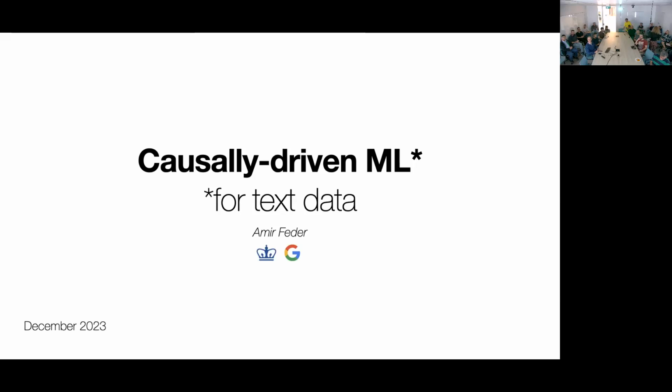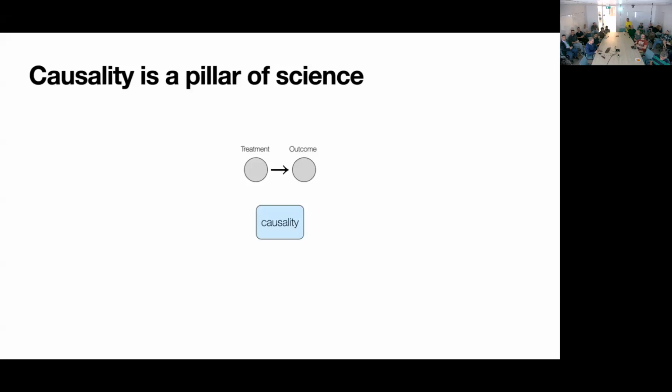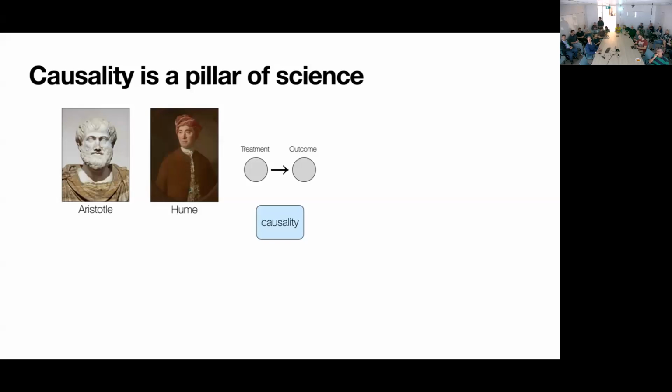All right, okay, so let's go ahead and start this. Causal inference, or the need or the desire to understand how variables affect one another in a causal way, is a pillar of scientific thought, including social sciences and life sciences. And it has been a part of the way we think philosophically about the world since antiquity and through the Enlightenment.